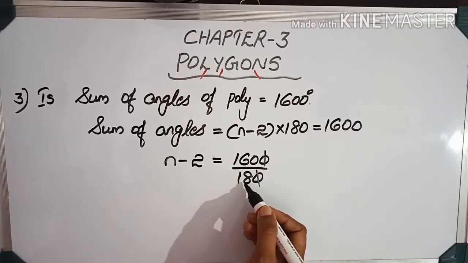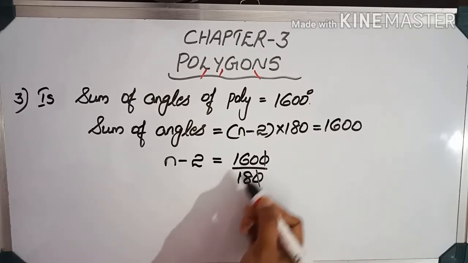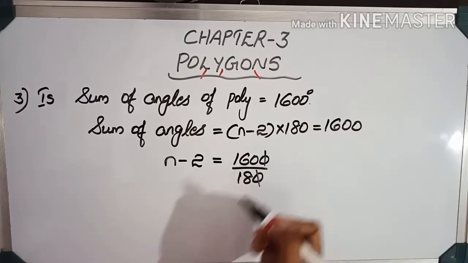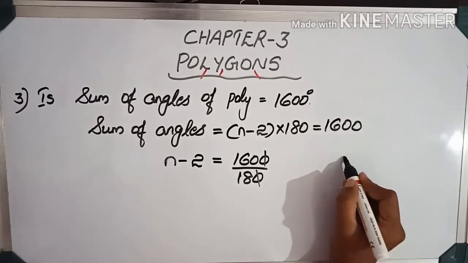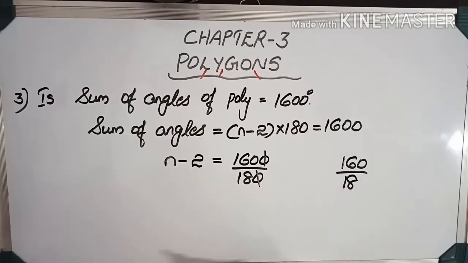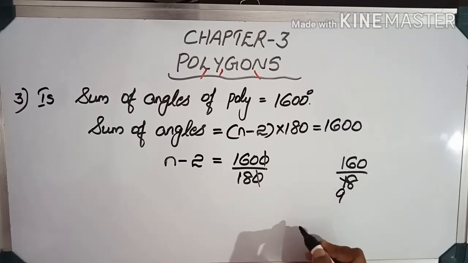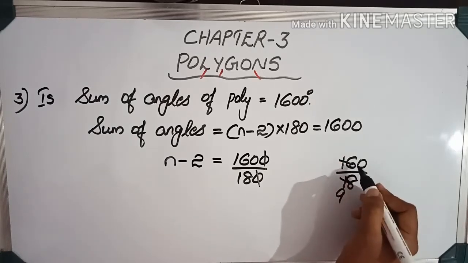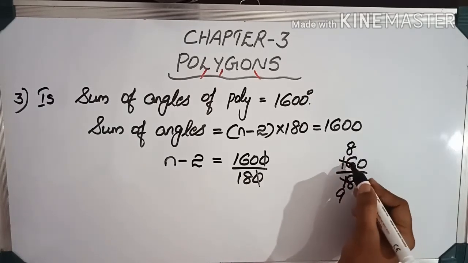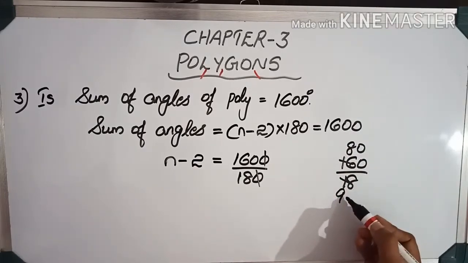So for that let's consider 2. Because both are even numbers, let's start from 2. So here 160 by 18. In 18 how many 2s are there? 9 2s are there. Now in 16 how many 2s? 8 2s are 16, 0. Okay, so we got 80 by 9.